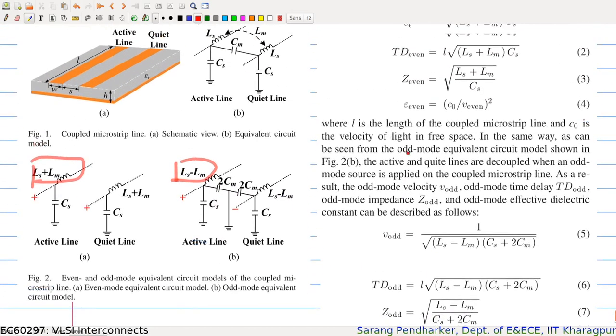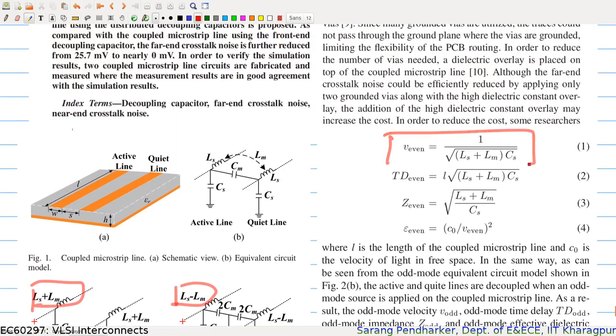Here also you can see equations. Here V even is the velocity, TD is basically time of flight, because this is your velocity, and L is the length of your interconnect. So length divided by V even gives you TD even.